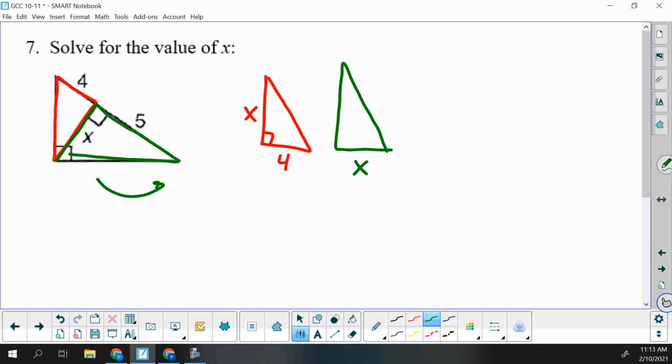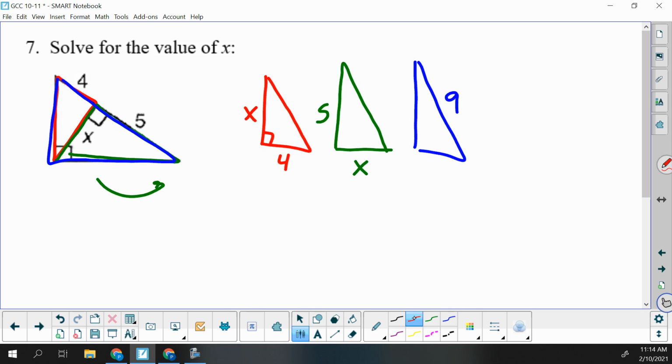So this is x. This is now 5. And then our big triangle, we'll have to spin it and flip it to get it oriented the same way. So our short side there has nothing. Our long leg has nothing. And the hypotenuse is 4 plus 5, so we have 9.